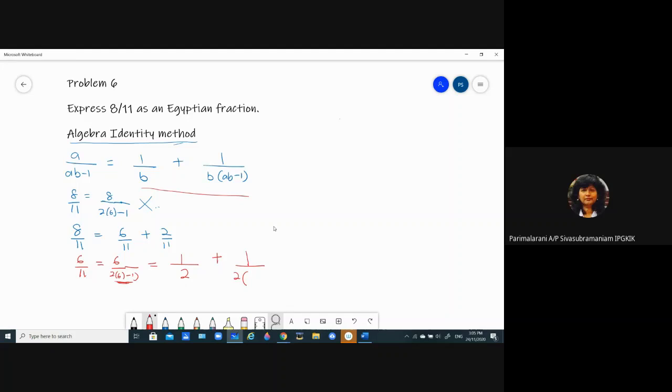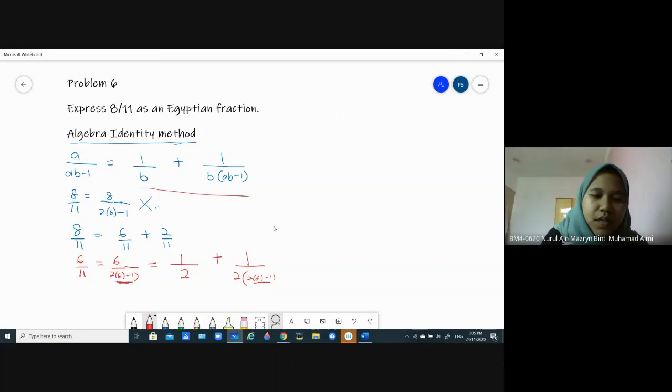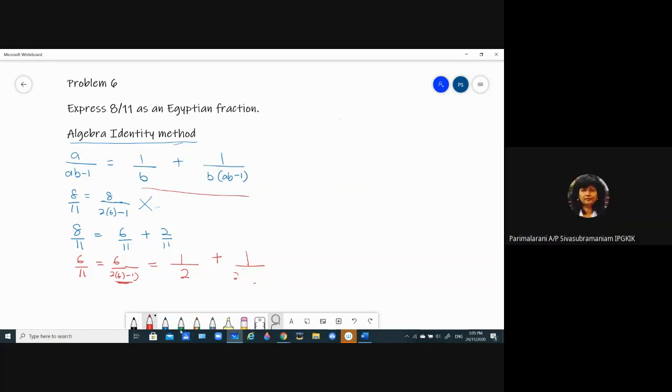How much is AB minus 1? That is 2 times 6 minus 1, which is the same as 11. So you straight away write 11 there. 2 times 11. So this is 1 over 2 plus 1 over 22. So 6 over 11 is 1 over 2 plus 1 over 22.